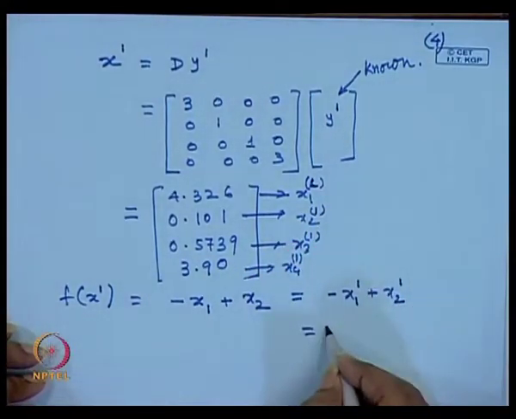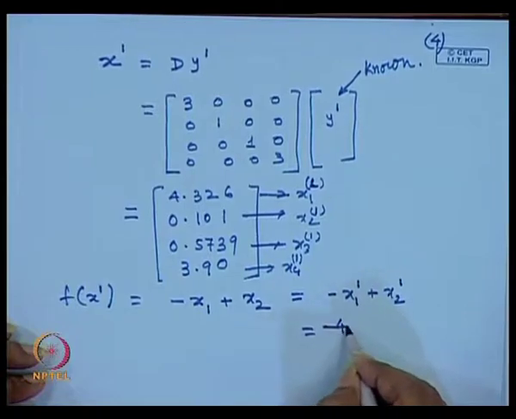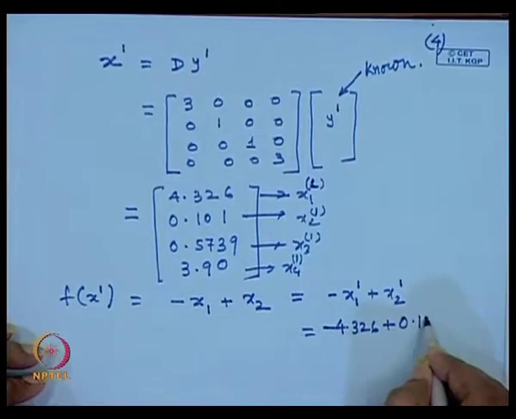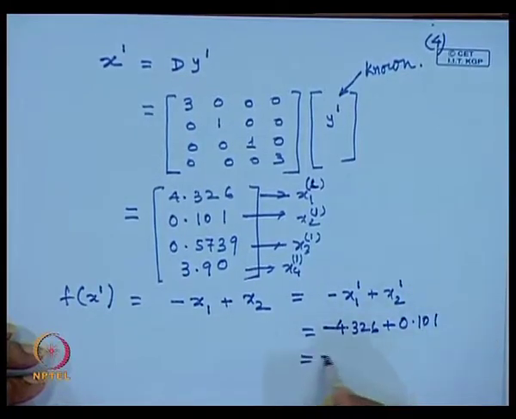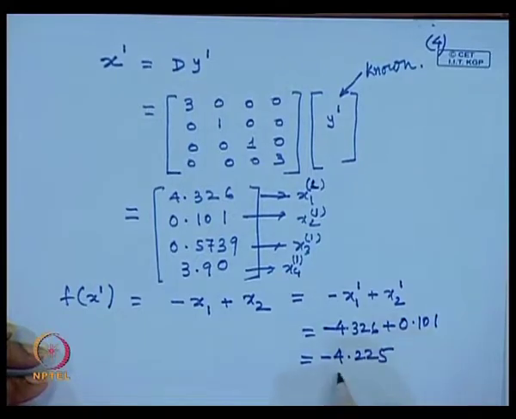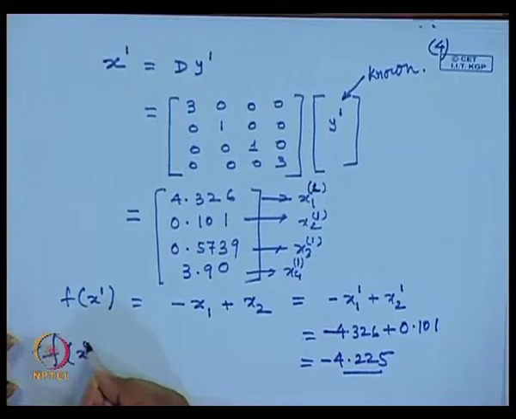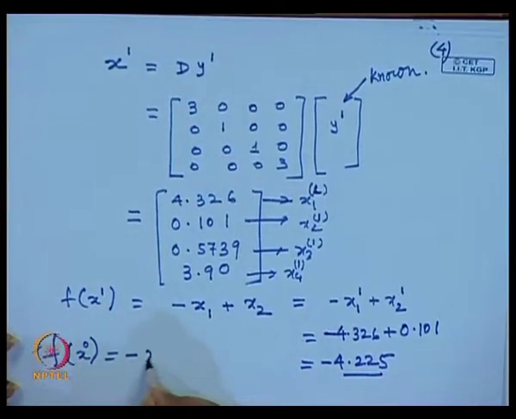So, if you put this value, this is minus 4.326 plus 0.101. So, that value is minus 4.225, and previously, if you look at the expression for x of 0, that value was minus 2.